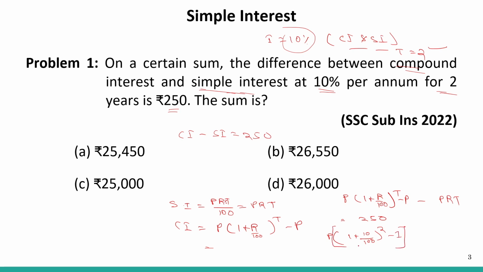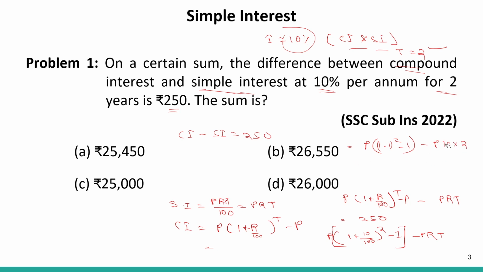This will be equal to P into 1.1 whole square minus 1, minus PRT. P is unknown here, R is 10 and T is equal to 2.